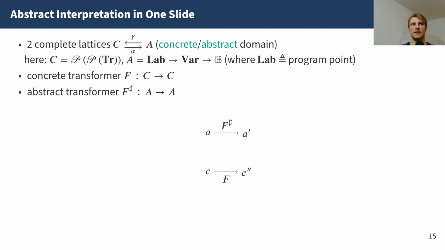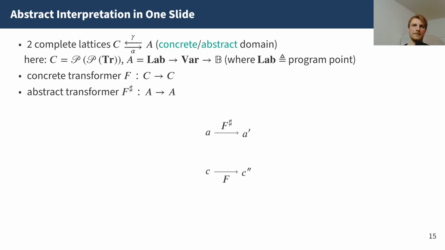In our setting, the concrete domain C is the set of all SBIMD executions of a given program. Since an SBIMD execution consists of several threads, C is the set of sets of traces. The concrete transformer F gives the semantics of a program.